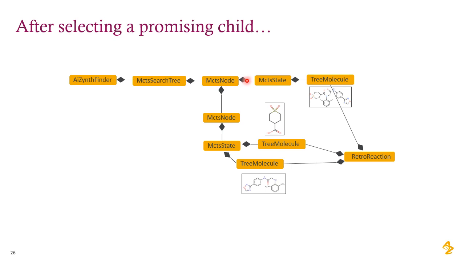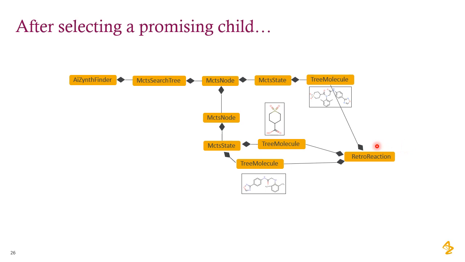The root node, corresponding to this one, now holds a reference to a child node, which is another Monte Carlo node, which holds another Monte Carlo state, which holds two tree molecules, which are the reactants of a retro reaction that was created by the expansion policy.